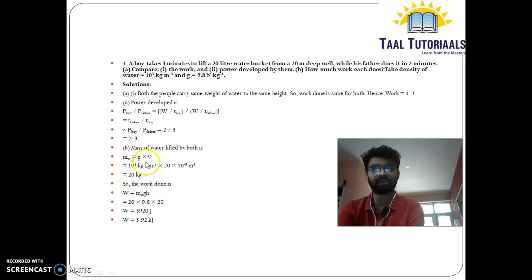So density 10 to the power 3 is given here, and volume is 20 liters, so we will convert into meter cube, 20 into 10 to the power minus 3. This and this get cancelled. We are left with only 20. So mass is 20 kg. So work is equal to mgh, that is 20 into 9.8 into again 20, which becomes 3920 joule, or we can also write 3.92 kilojoule.